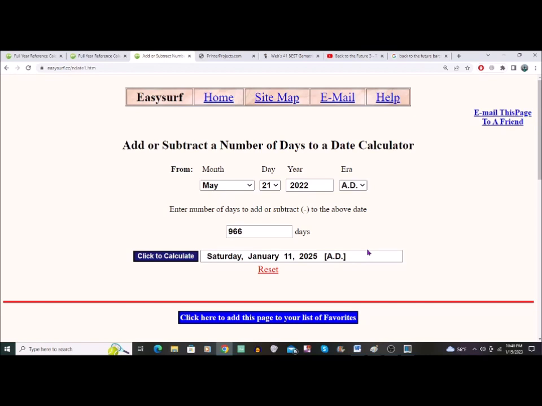9/11 was all about the 3 bars. It's all about the 111, okay? There was 111 days left in the year to complete the cycle of the year. The 3 towers, the 111, okay, those were the things that were collapsed.